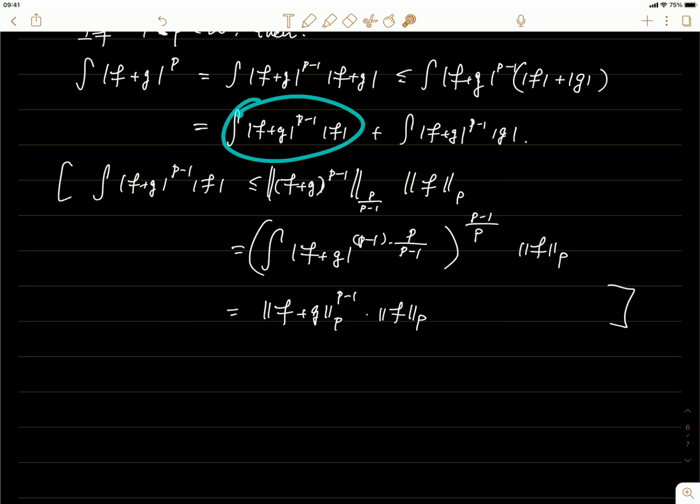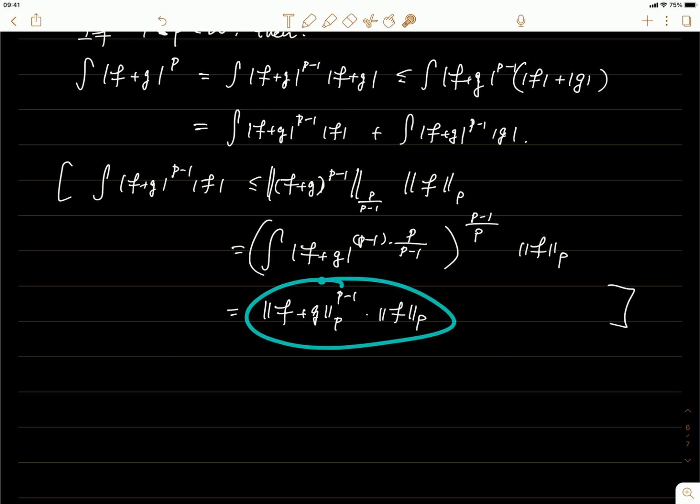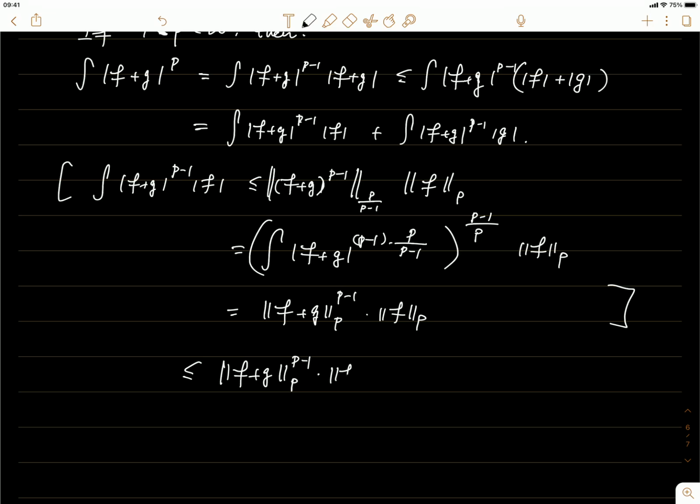So this is less than or equal to that, and the second term is similar: less than or equal to the p-norm of f plus g to the p minus 1, times the p-norm of f, plus the same thing, the p-norm of f plus g to the p minus 1 times the p-norm of g.